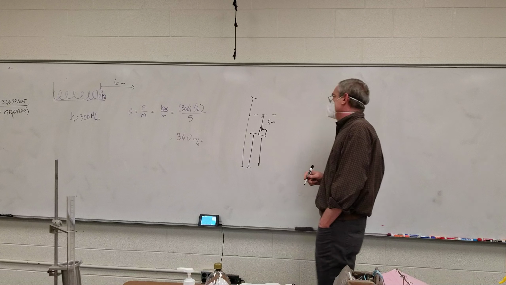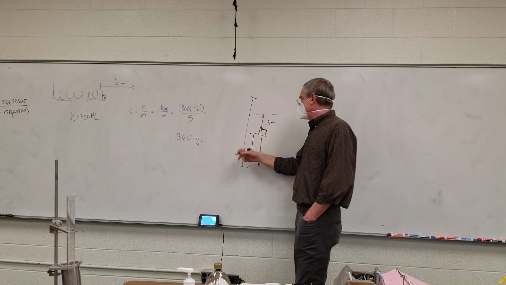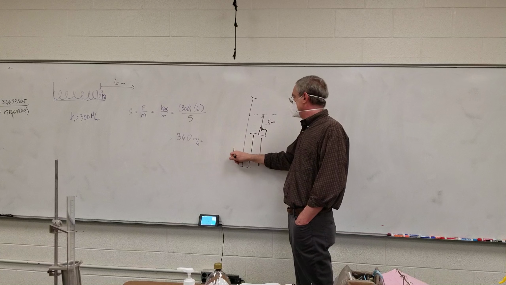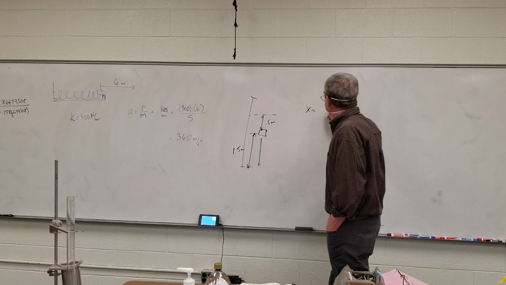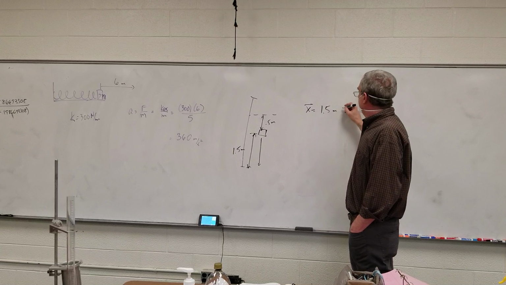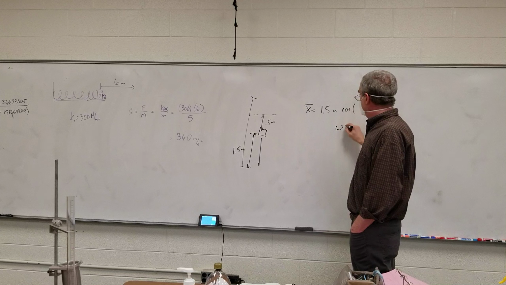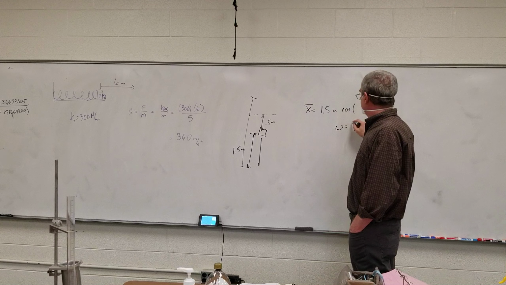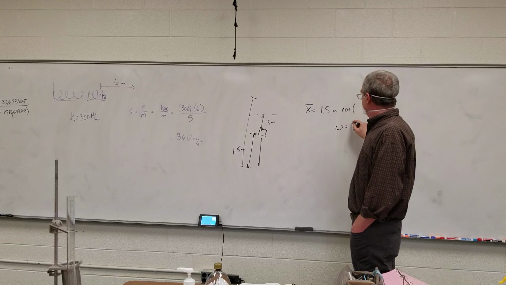No, wrong approach. If my position is, and again, making up numbers here, let's say 1.5 meters stretched initially. So I have 1.5 meters times the cosine of omega t. What was your omega? 3.395 radians per second.